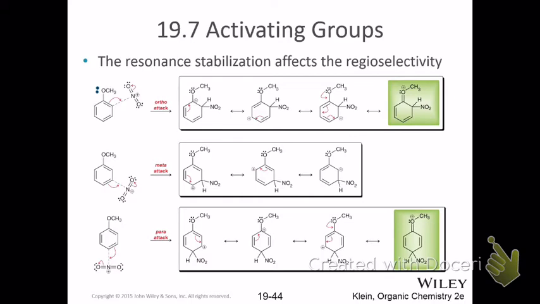Again, it's an ortho-para director, and when you put something in the meta position, that positive charge never shows up next to that lone pair. So you don't get the additional resonance structure, and so the reaction rate is slower.